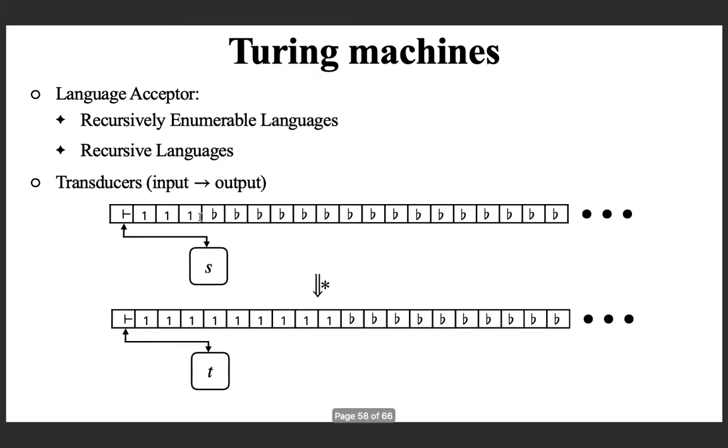And you can have a Turing machine which will eventually terminate in a state t by producing, say, 9 ones as output, or in general a Turing machine which takes n and produces n square as output. Here it is 3 represented by 3 ones, and it produces 9 represented by 9 ones.